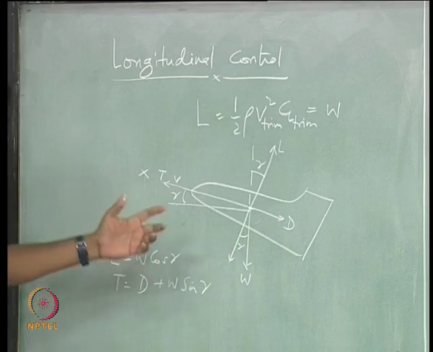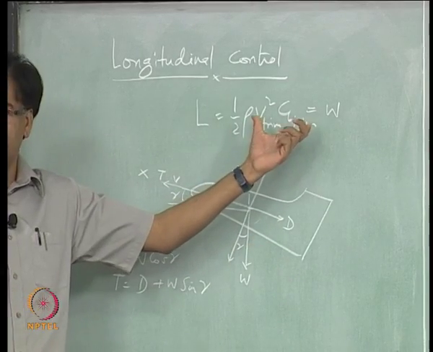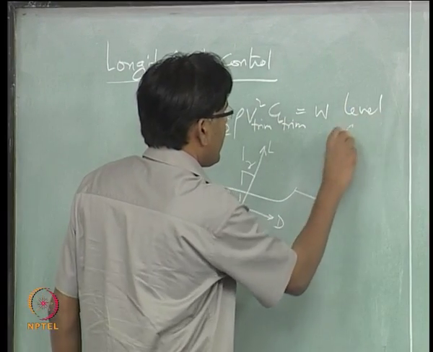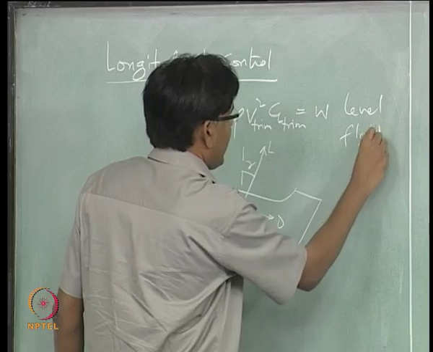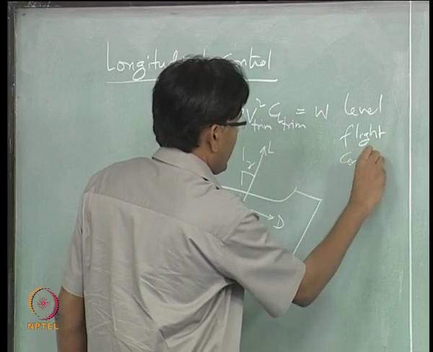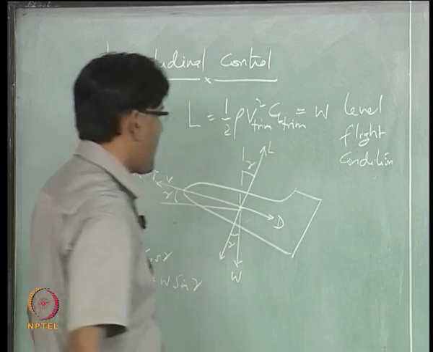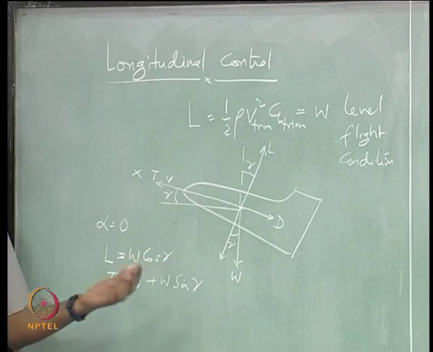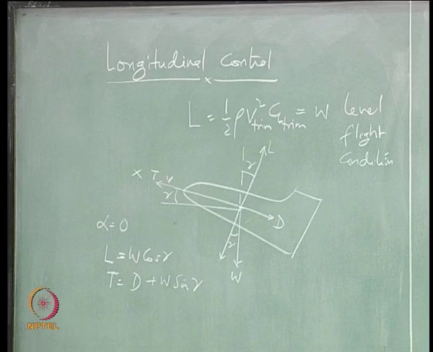We are trying to, this is the level flight condition, okay. So if this gamma is a constant, then it's a steady climb, right.